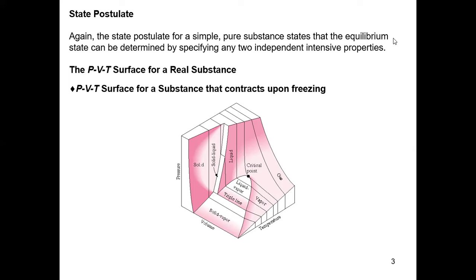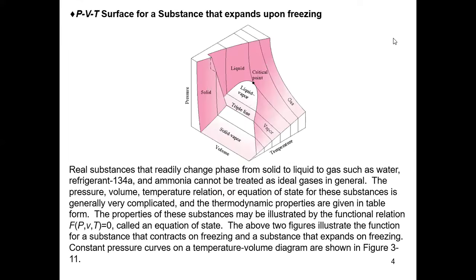So different phases occur in different combinations of pressure, volume, and temperature, and they're highlighted in the diagram for a particular pure real substance. Real substances that readily change phase from solid to liquid to gas, such as water, refrigerant 134a, and ammonia, cannot be treated as ideal gases in general.